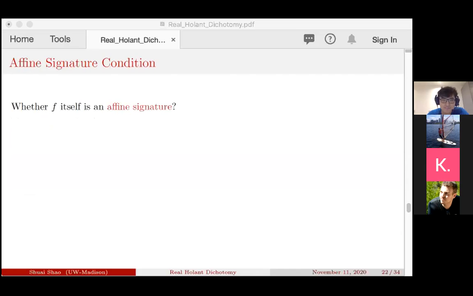Now, finally, assuming that we already proved that F has affine support and all its non-zero entries have the same norm, we ask whether F itself is an affine signature. As you can see, this is already quite a strong requirement, and we thought that there was no F that would satisfy this property unless it's an affine signature. However, our conjecture is true only for signatures of arity at least 10.